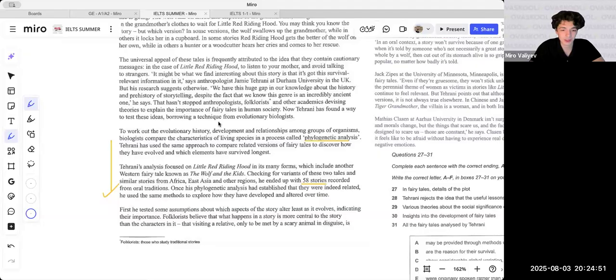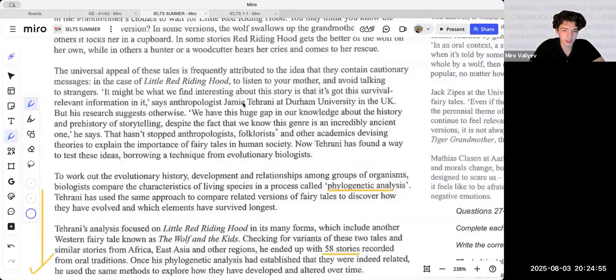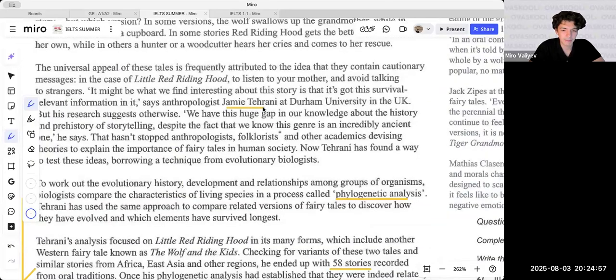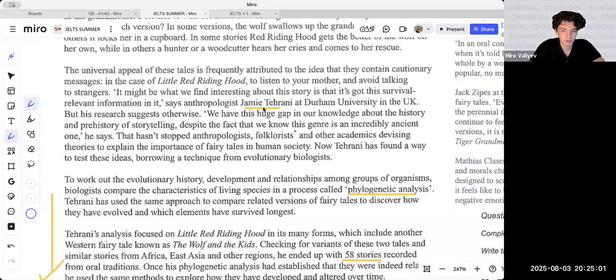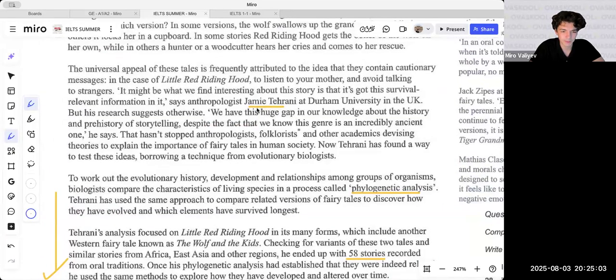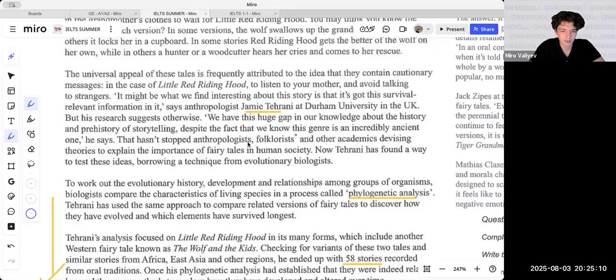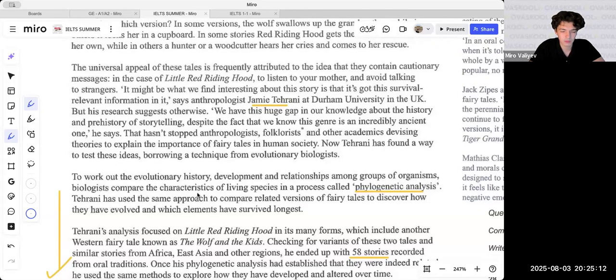It's just my guess. So here's his full name, Jamie Tehrani, and the method or maybe technique should be written somewhere here. Method, technique, maybe means, or what else do we have? Approach, maybe.